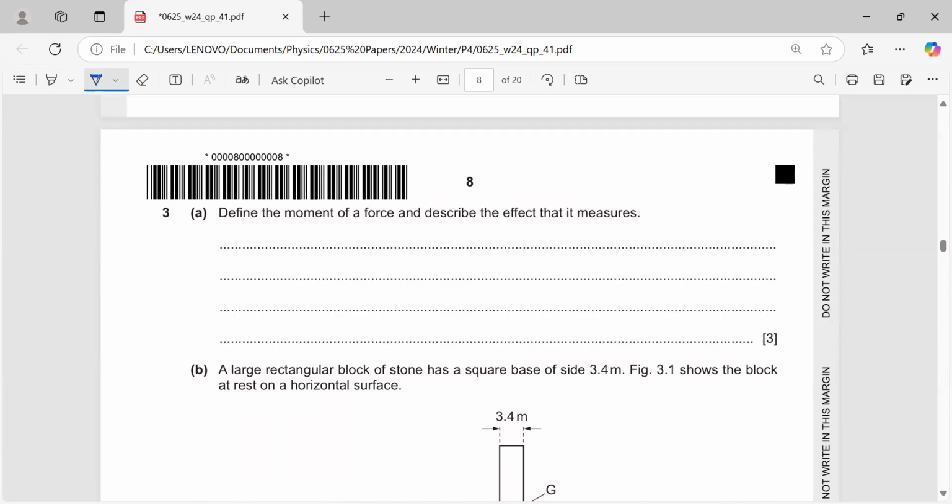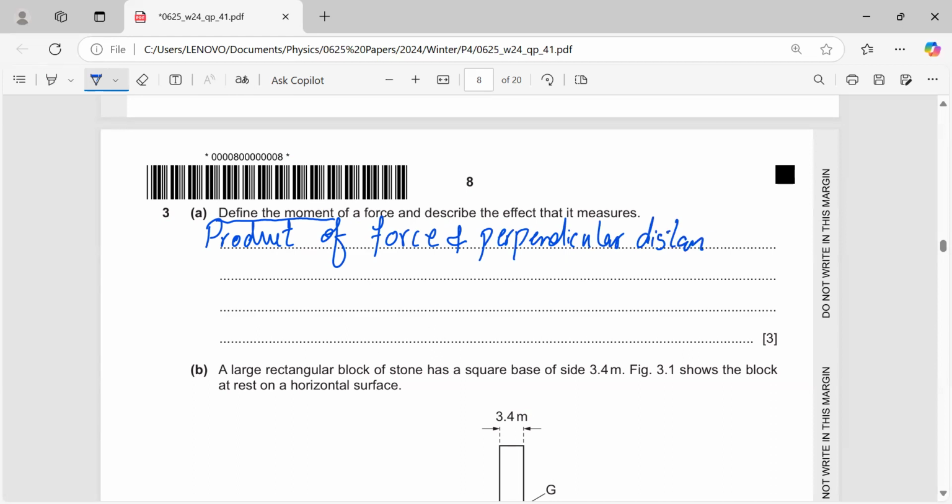To define the moment of a force, you can write that it is the product of force and the perpendicular distance from the pivot.